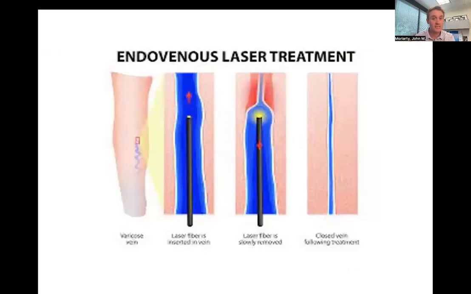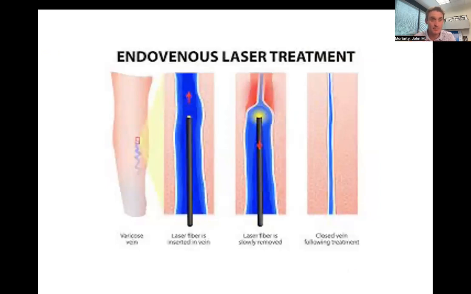And so the good news is there's treatment for it. It used to be that you'd have to go for surgery. It was a big old procedure where these veins would be stripped out. That is rarely done now. Most of the time you'd go to an endovascular interventionist, someone like myself, but there are many others who will do what's called a laser treatment. That's where you put a small needle into the vein in the clinic.